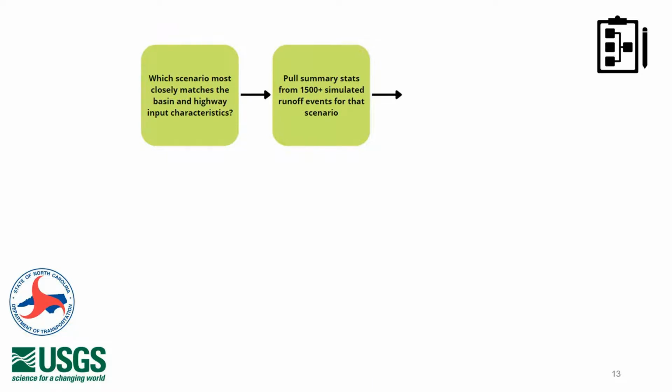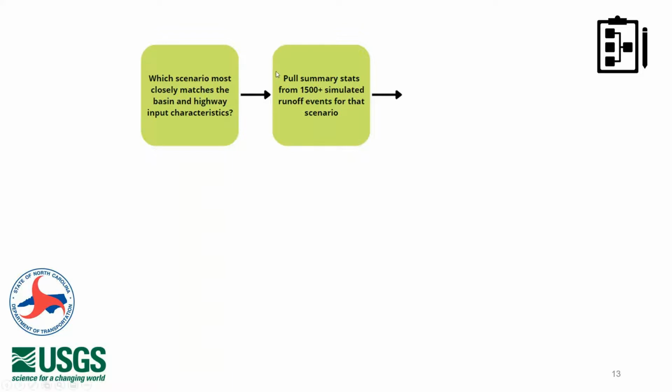First, by putting in all the basin inputs and the highway inputs, we are querying which of the 112,320 scenarios or different combinations of an upstream basin and a highway most closely match the inputs for that specific project. So it searches through that 112,000 and generates the closest match.